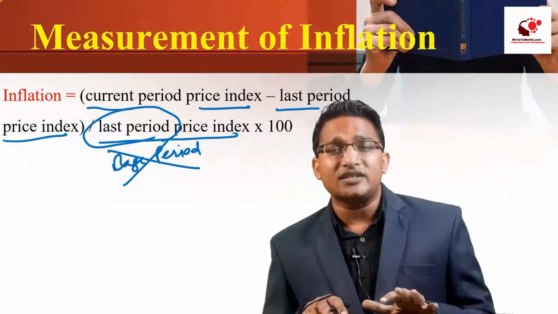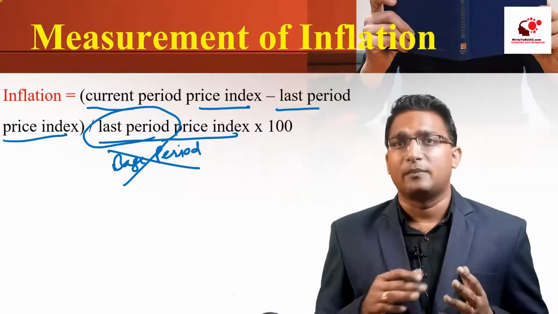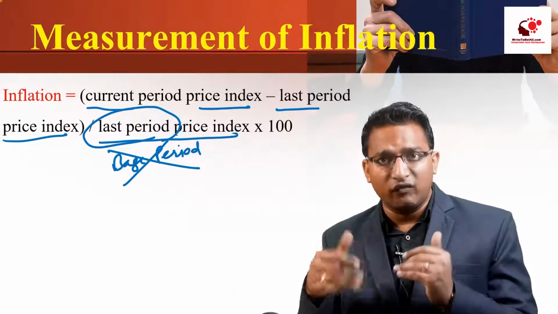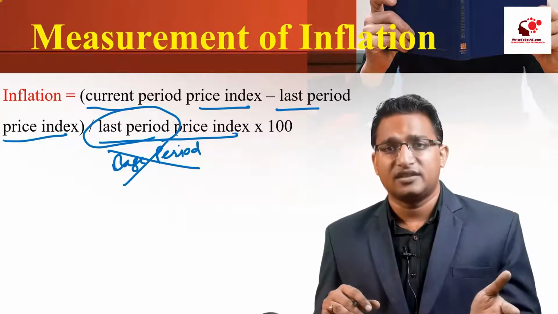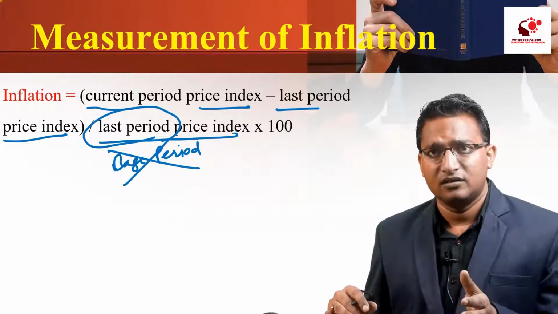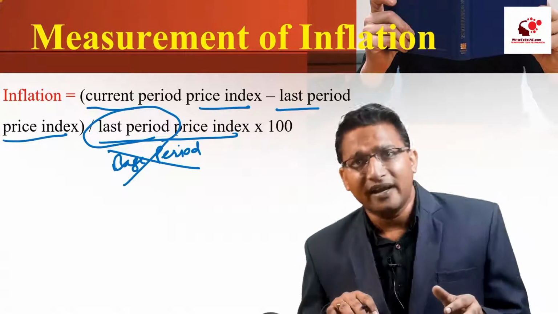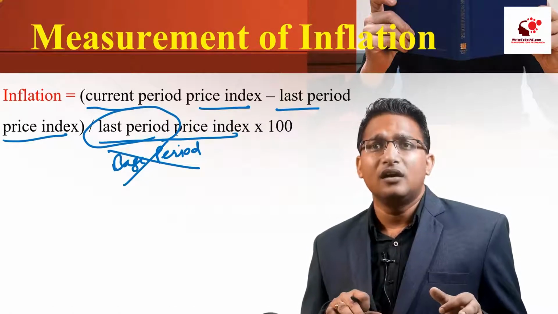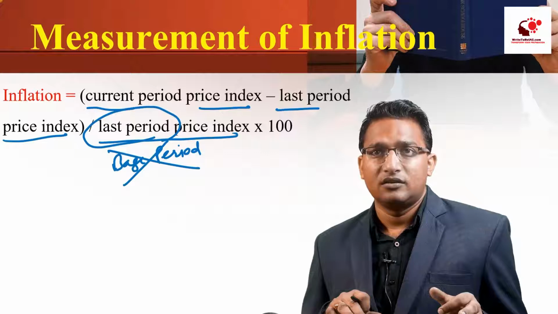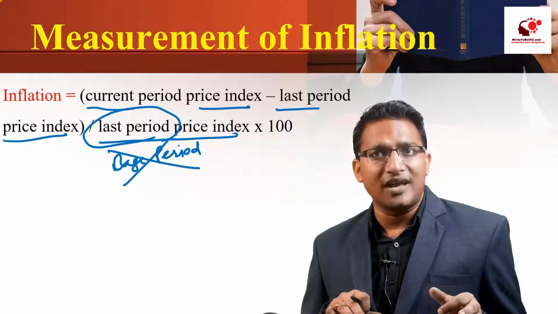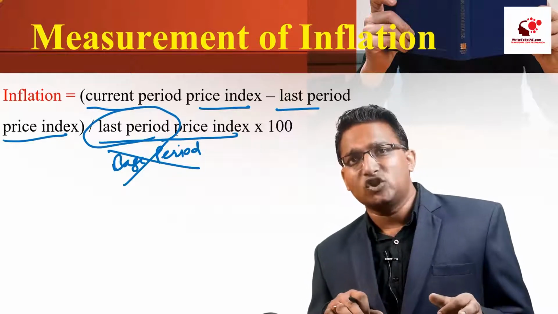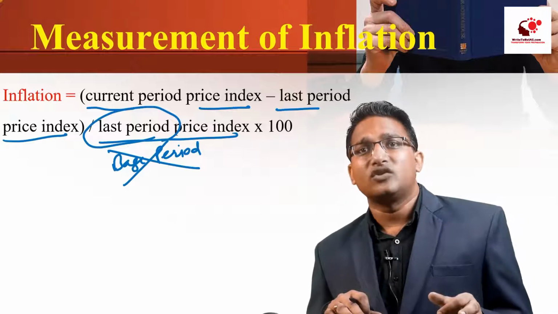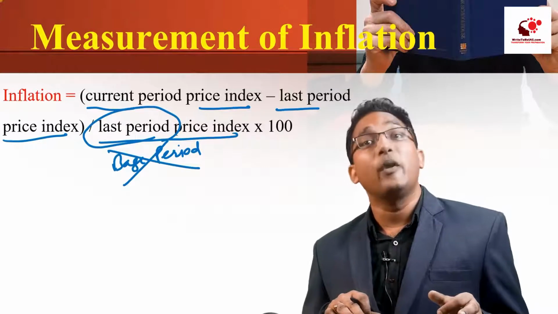In case of price index, we are referring to the base year price, but in case of calculation of inflation, we are referring to the previous year, last period, right? Why that? Again, I have already told you that inflation is calculated with reference to the last year. We are comparing the price of last year to the current year, and in case of price index, we are actually taking the reference of the base year.